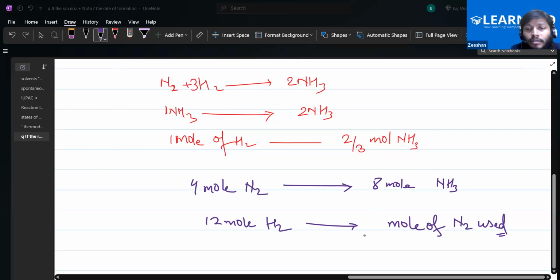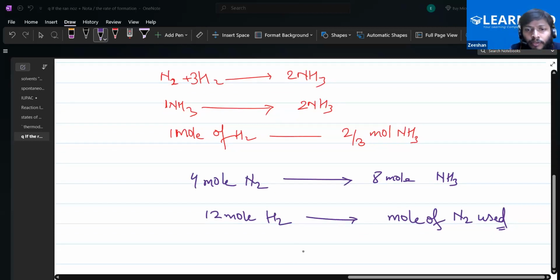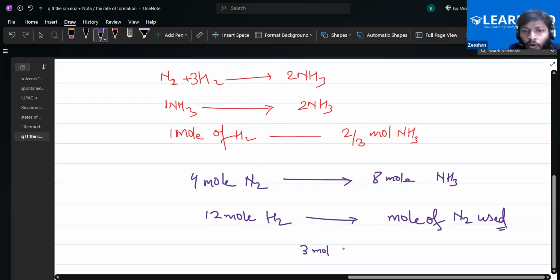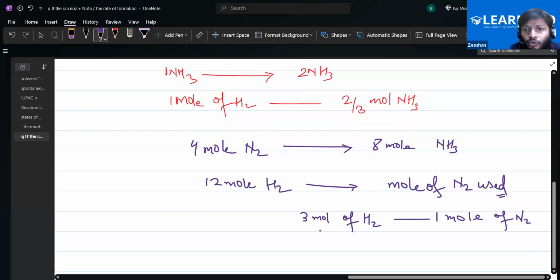See, we have to write like this: 3 mole of H2 is using 1 mole of N2. So in the question, we have 12.